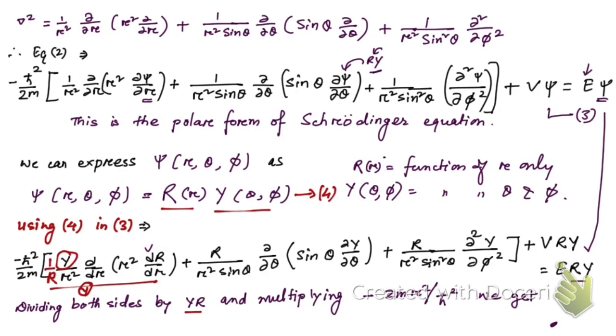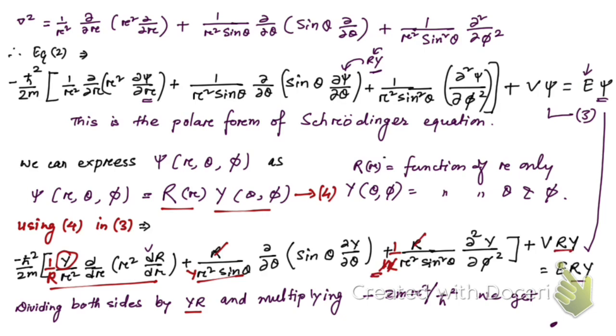Hope you have understood this. Then again, if we divide this y by r, then r will be cancelled, so we're gonna get y here. Then similarly here also, if you divide this by yr, then r will be cancelled, we end up getting 1 by y here.